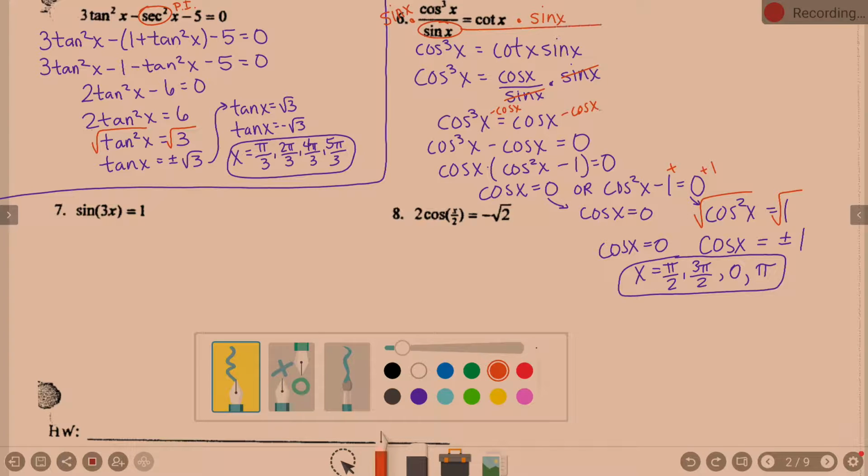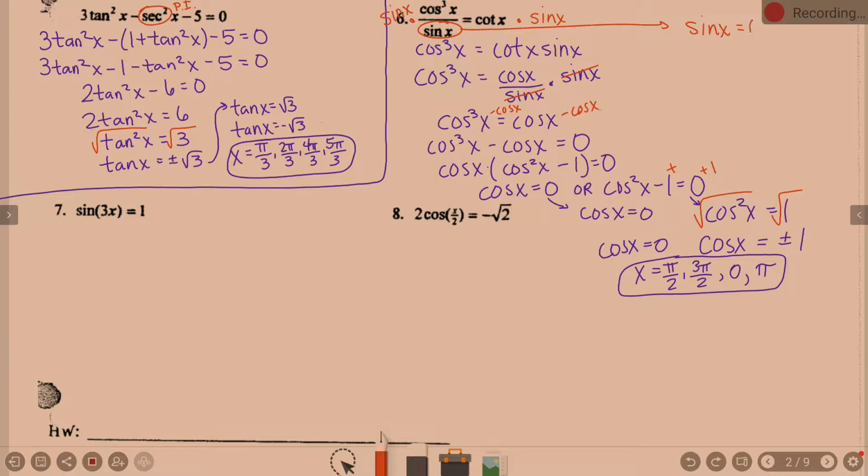We had sine x in our denominator here, didn't we? So the idea is sine x cannot equal 0. Anything that would make sine equal 0 is not a possible solution. So this is like checking for extraneous solutions, basically.